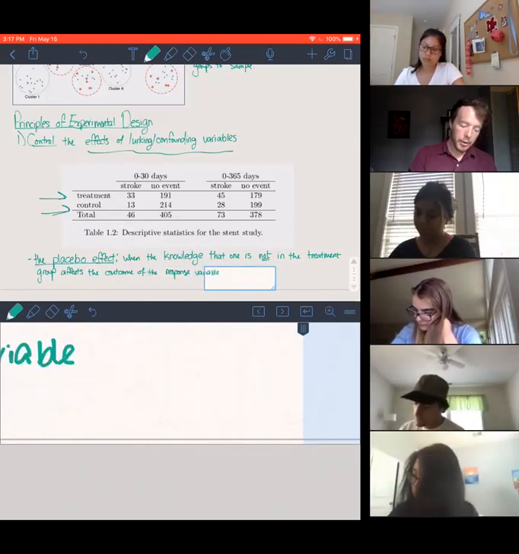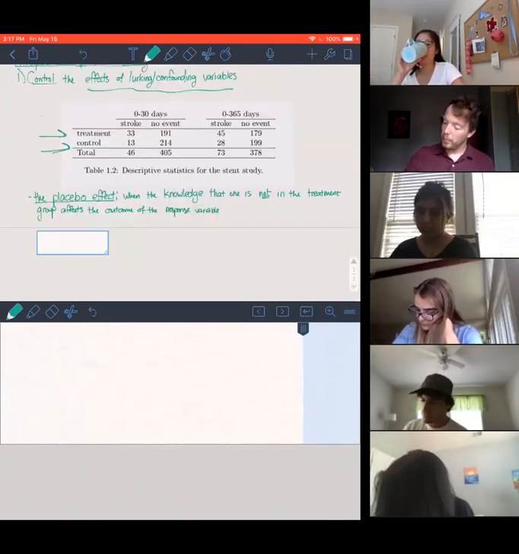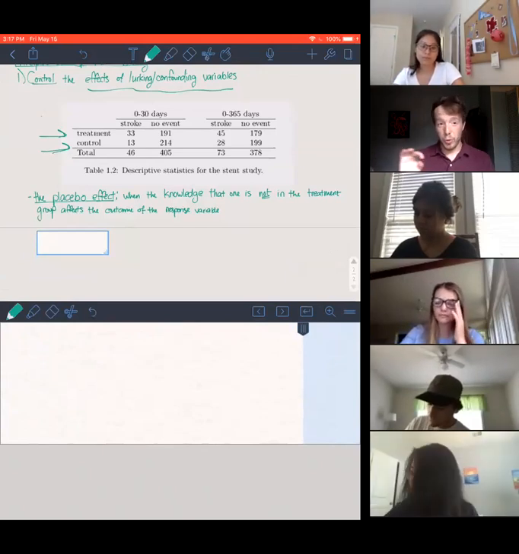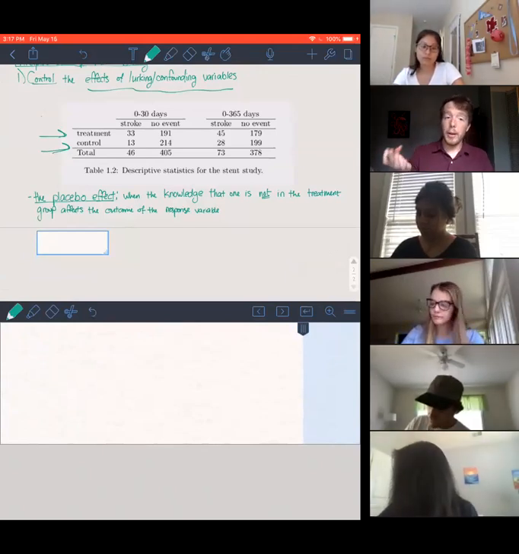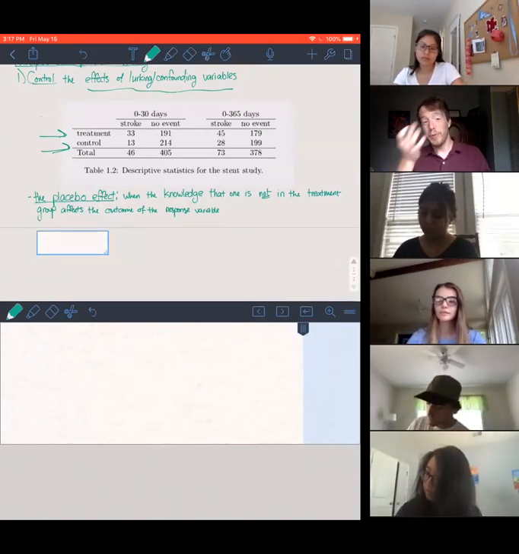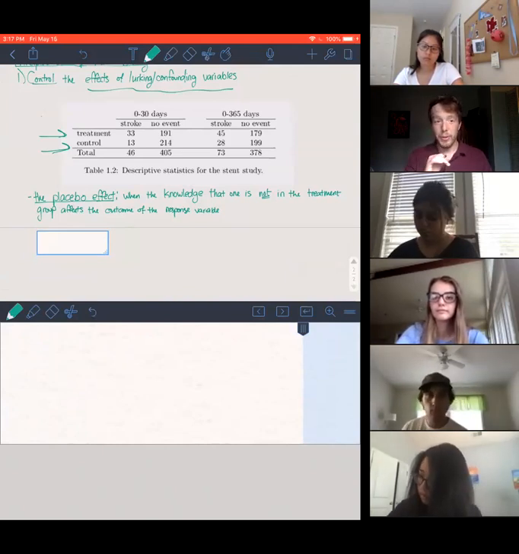And the idea here is there is a difficult to quantify emotional effect to not receiving a treatment that we need to control for. Now, granted, it might actually be interesting to talk about and to study the emotional effect of receiving a treatment versus not receiving a treatment. But usually whenever we do a study, we're trying to learn what is the effect of the drug even without this sort of effect.